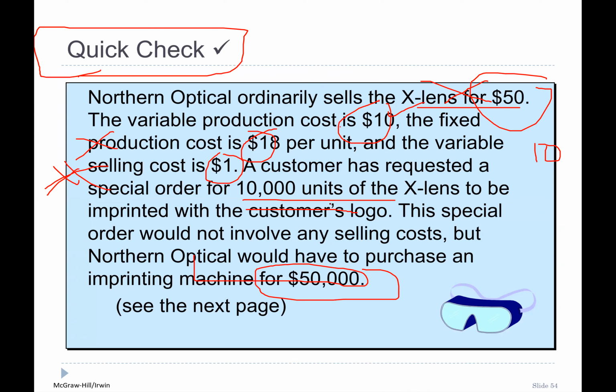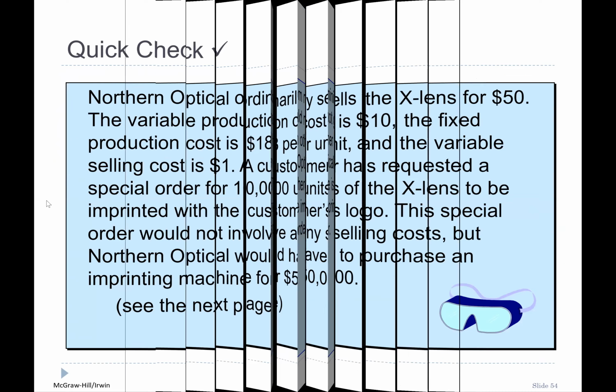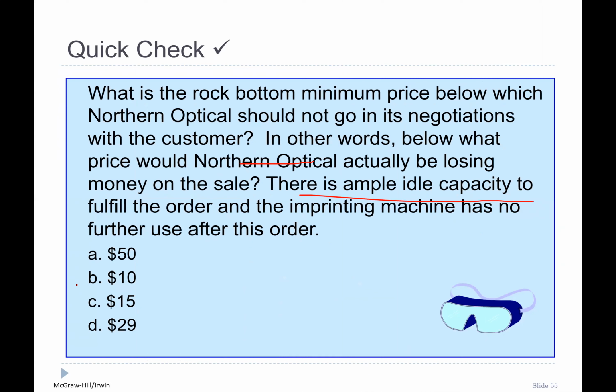Now they have ordered 10,000 and we have to purchase a special printing machine. So 50,000 divided by the order of 10,000 units means 5. So 10 plus 5 is 15, right? So if the customer pays us above 15, we will accept the order.